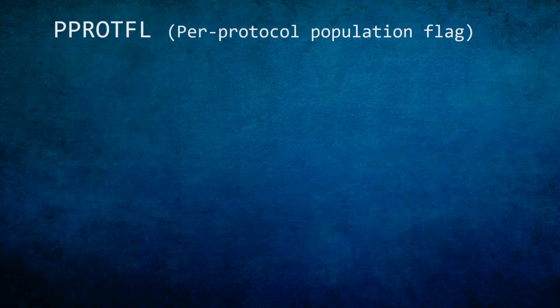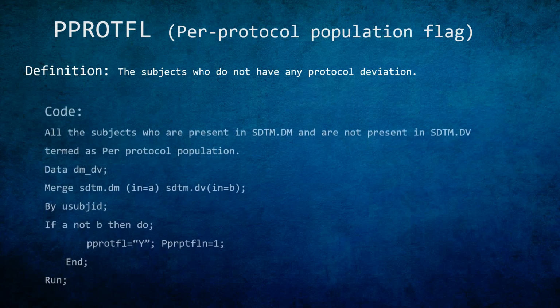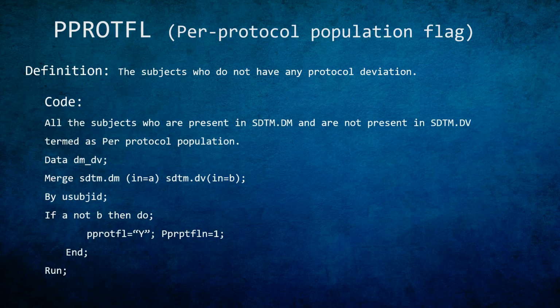The next and the last subject level population flag in ADSL is the per protocol population flag, and the definition says that if the subject does not have any protocol deviation, then it's a per protocol population. So all the subjects who are present in DM and are not present in DV, where DV is the protocol deviation dataset, we can call the per protocol population.